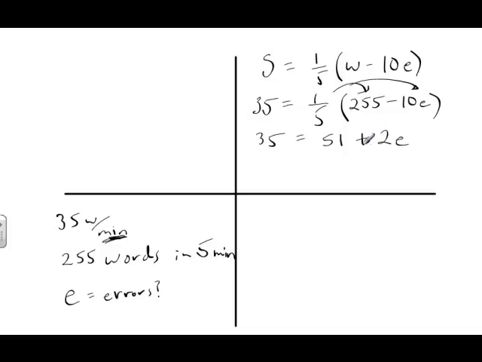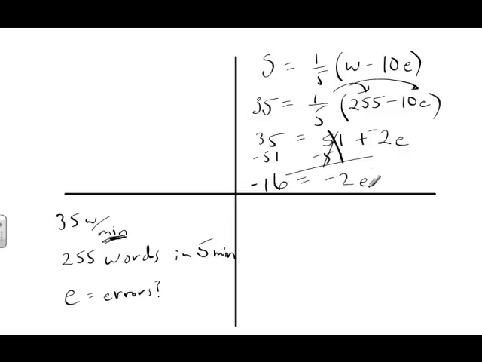So let's go ahead and now do our same change opposite. Okay, equation. So opposite of the 51, negative 51, negative 51. Positive 35, negative 51, negative 16.